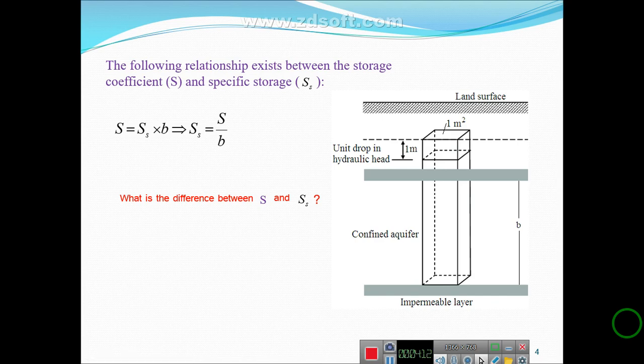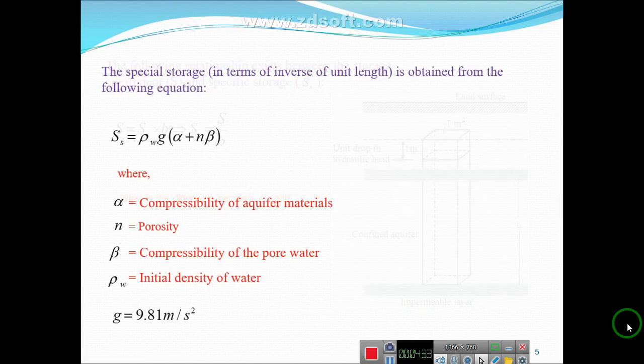But the specific storage is the amount of water per unit volume stored or removed as a result of compressibility of aquifer material and compressibility of pore water per unit change in hydraulic head. We can use this equation to obtain the specific storage. Ss is equal to rho w multiplied by g multiplied by alpha plus n beta.